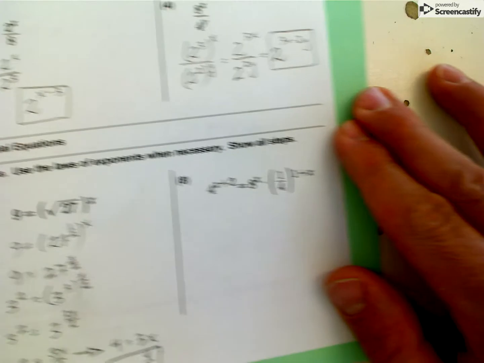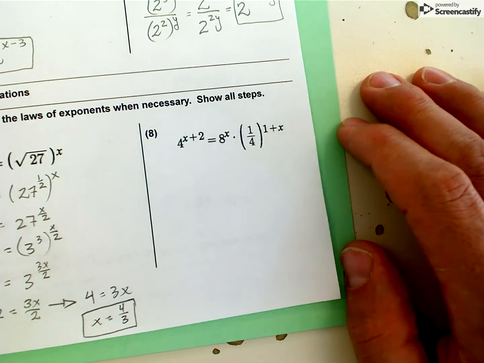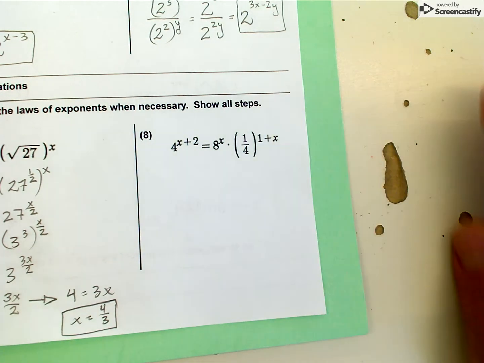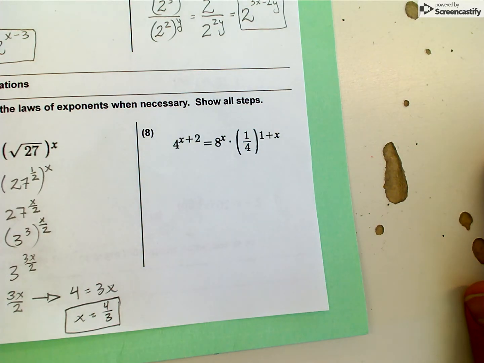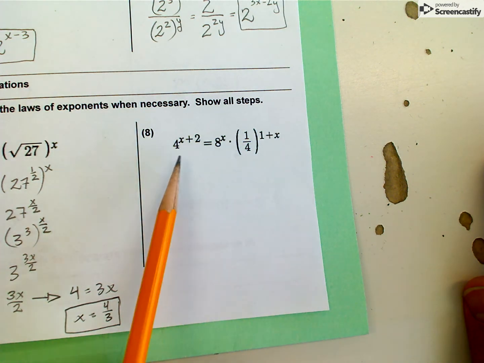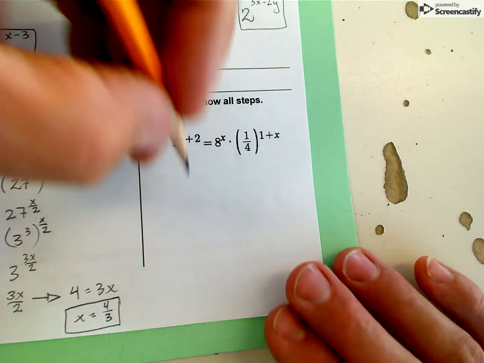And just continuing to the final problem, notice they do get more and more complicated as you move to the right. But I hope you can see in this problem that we have a bunch of bases, 4, 8, and 1/4, that can all be written as powers of 2.